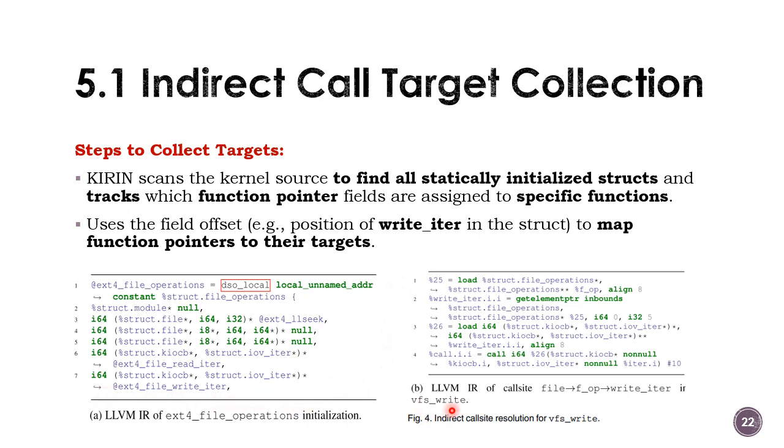Image B is another case. Here we can see from line 2 a write iter, which is assigned to a get element pointer in bounds. It is using the offset of write iter, trying to map this write iter function to another, higher level function.